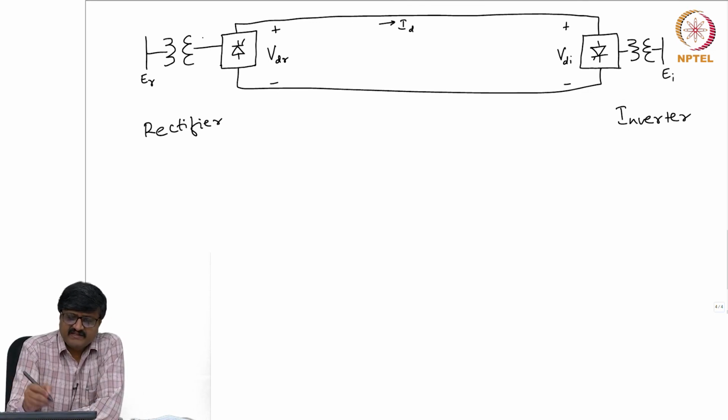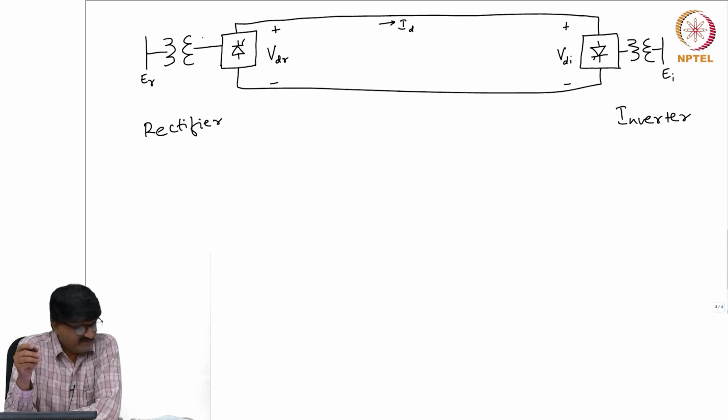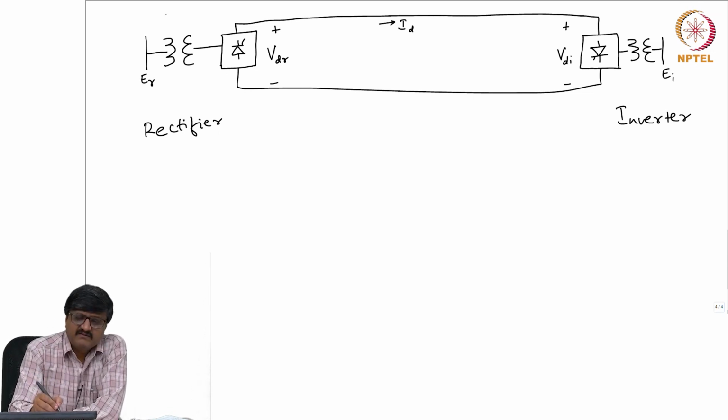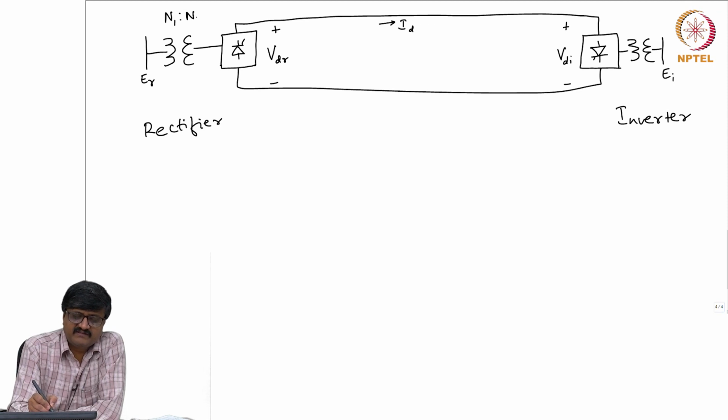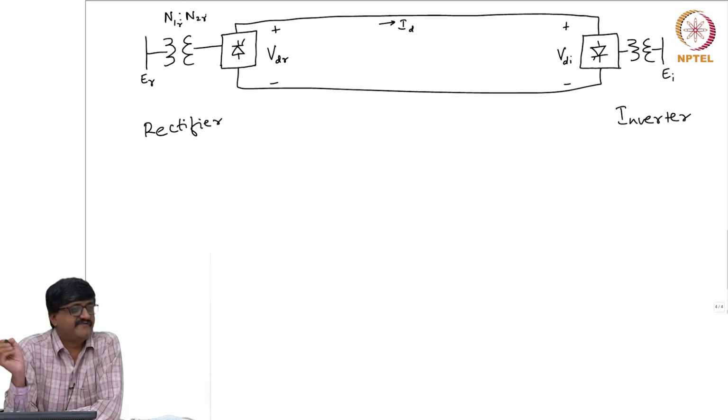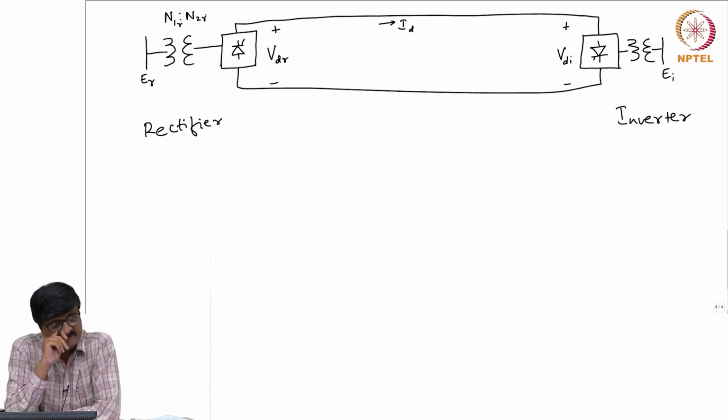So, there is a transformer on the rectifier side. Suppose I take one of the transformers, that is one of the YY transformers. We know that the number of turns on one side is N1 and on the other side it is N2. Now, to differentiate between the transformer on the rectifier side and the inverter side, I add one subscript R for rectifier. Okay.